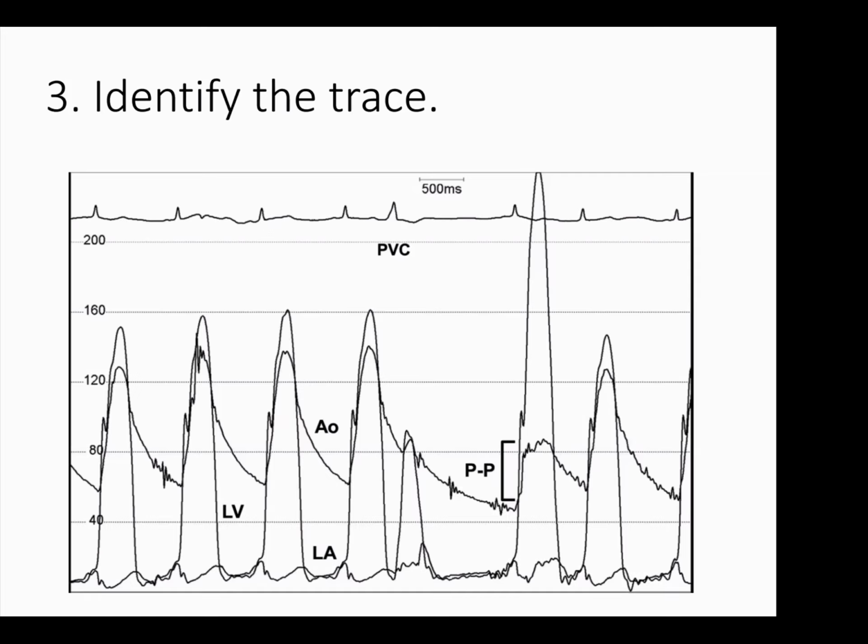Can anybody tell me why here the pulse pressure is decreasing? In the previous case, the pulse pressure was increasing. Why here is it decreasing, and why is the gradient increasing? Can you type the reasons for it?